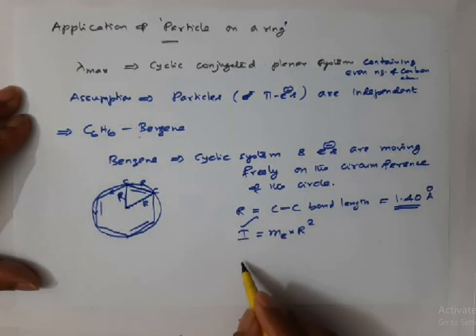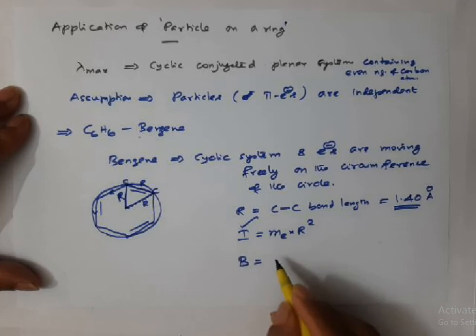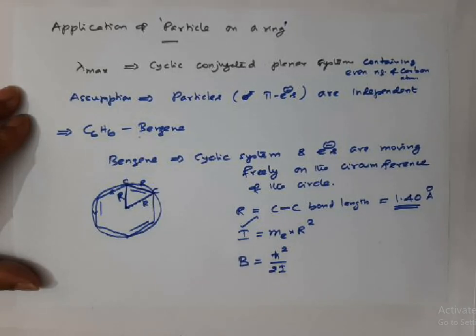From the moment of inertia, we can calculate the rotational constant. What is the rotational constant? The rotational constant B is equal to h bar squared by 2I. Correct? This is the rotational constant. So from the value of the moment of inertia, you can evaluate the rotational constant of the molecule.